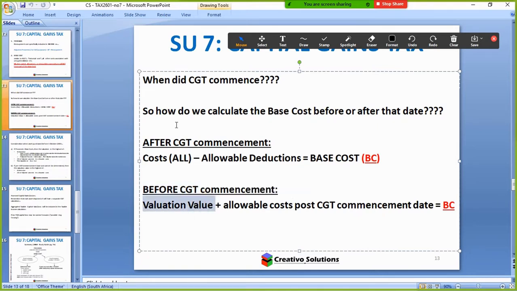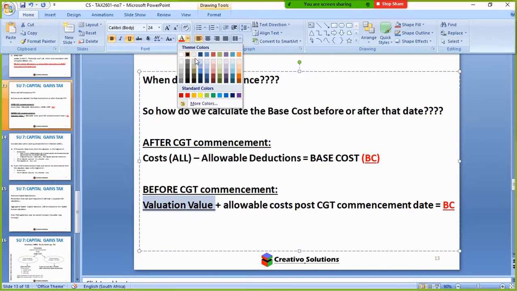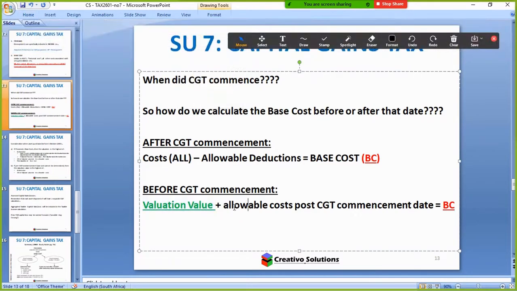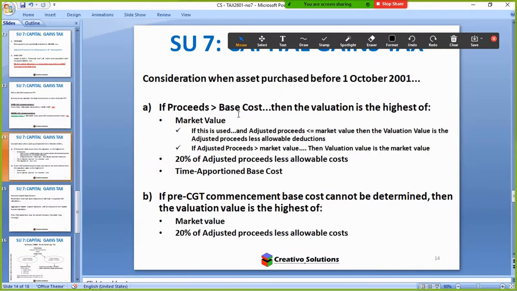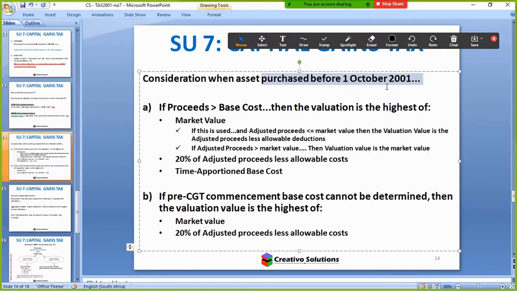That's the hard part. Valuation date value needs to be calculated and then add any allowable cost post CGT. So if it's purchased before, I need to apply all of these steps.